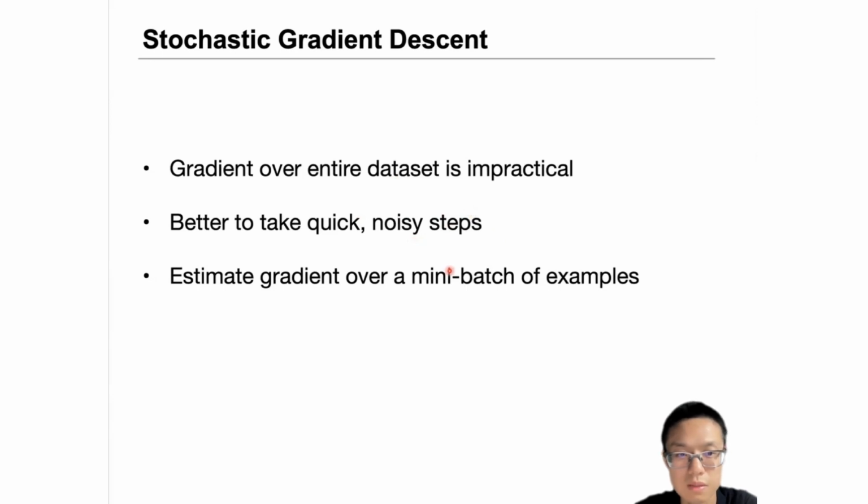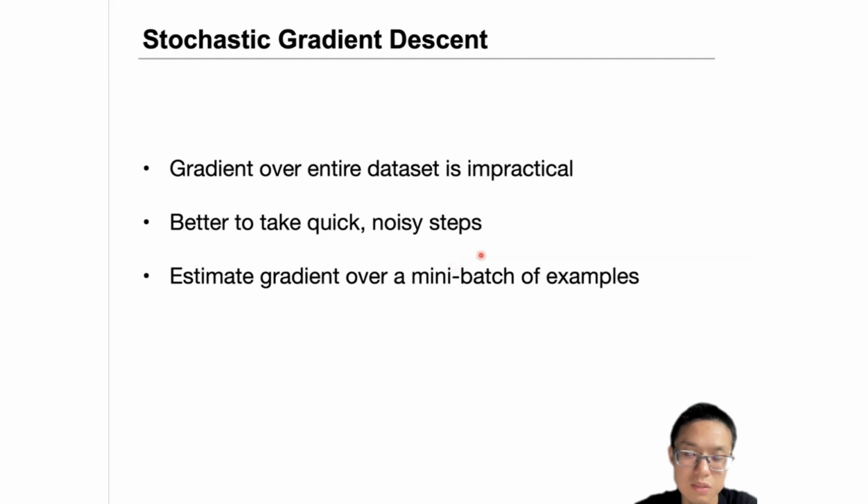So what we want is a quick approach. It's not perfect, and we can consider it noisy, right? That's why this is called stochastic gradient descent. Instead of using the entire data set, we can sample a small subset.